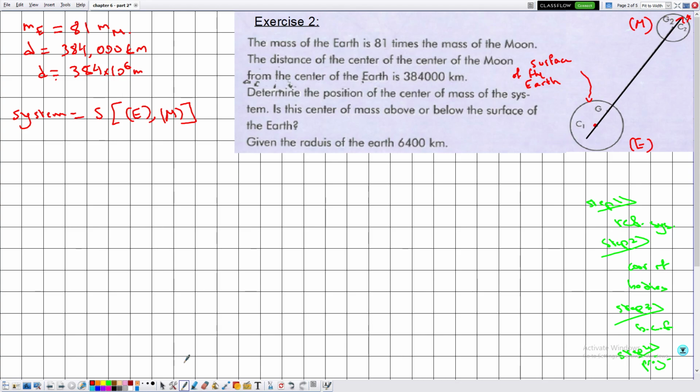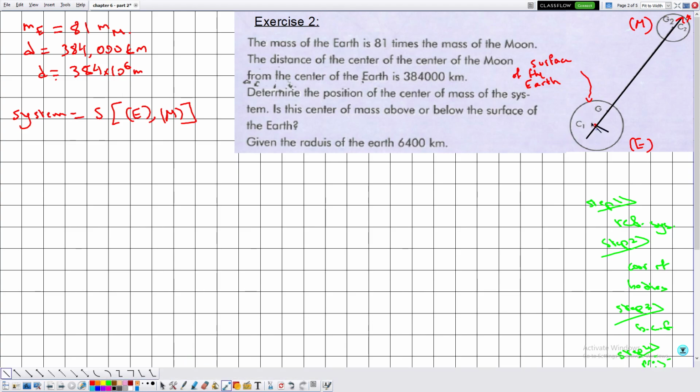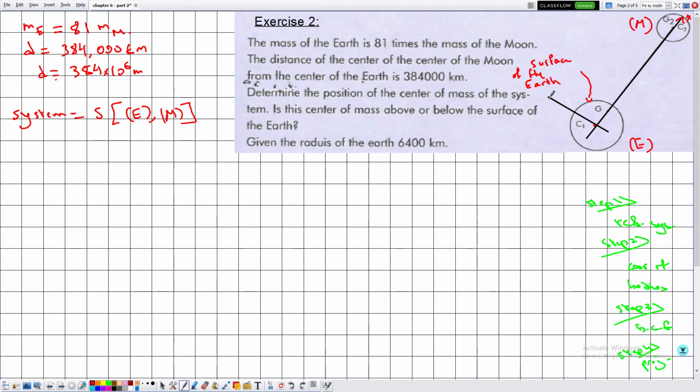As for the y-axis, this is the y-axis, which is perpendicular to the x-axis. And recall that the y-axis and the x-axis are labeled by physical quantities that are given by meters. And this is the origin O. Okay, so the origin O is chosen to be the center of gravity of the Earth.